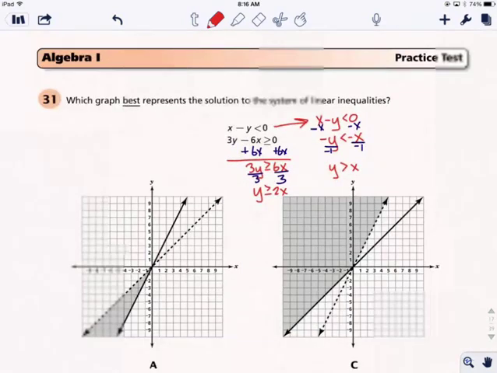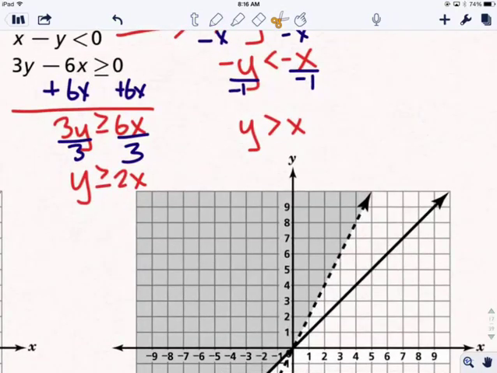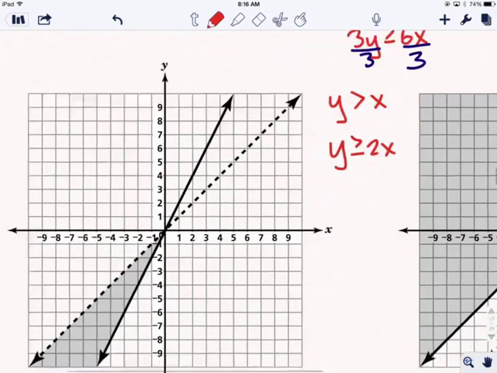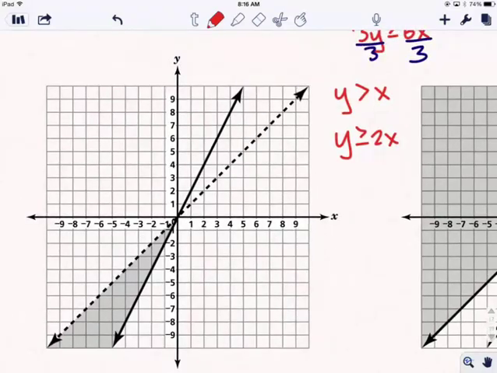So, which graph has these two boundary lines? Well, let's see. Like in the graph A, this line right here is y equals 2x. This line is y equals x.